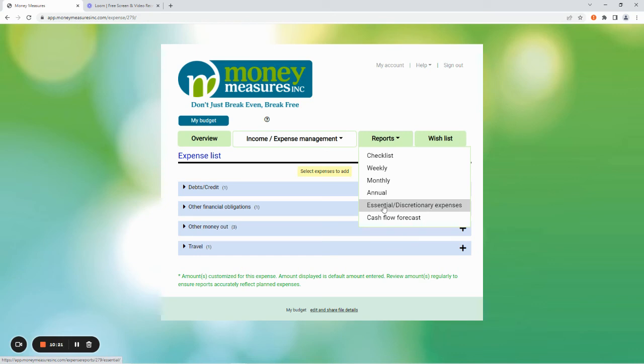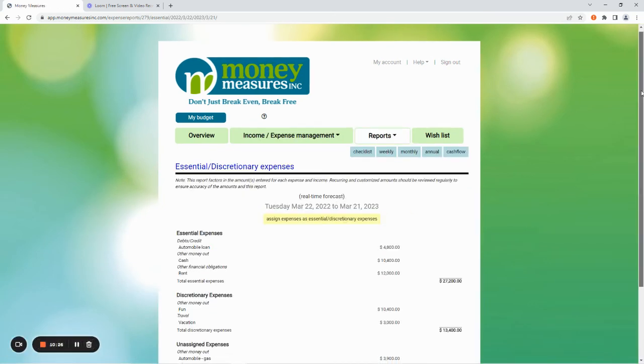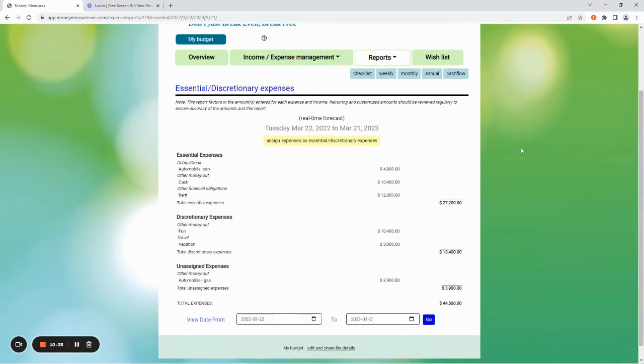And then if you want to see the complete summary of what's happening as far as needs-based spending versus wants-based spending goes, you can see that full report. It's also possible to customize the dates to get a report for any time period that you want.